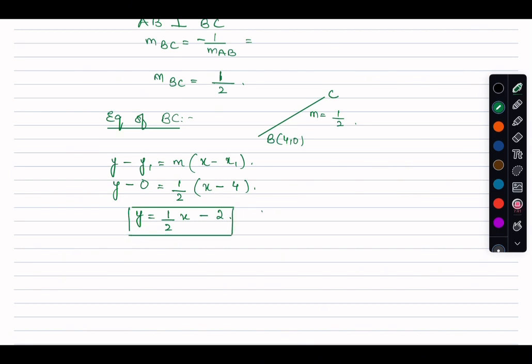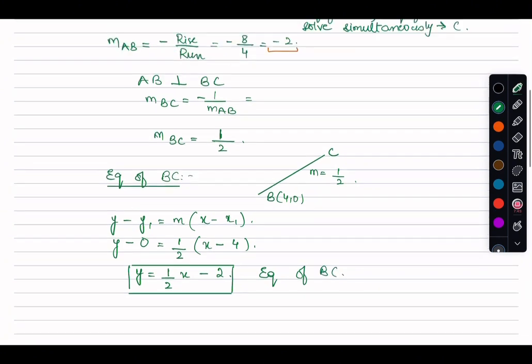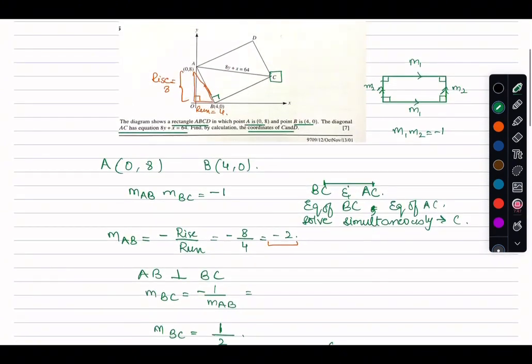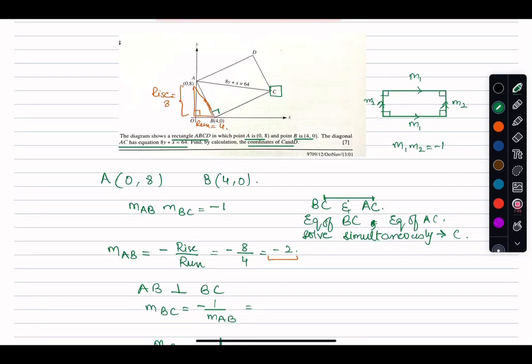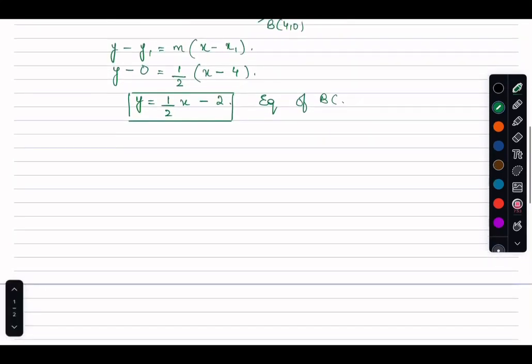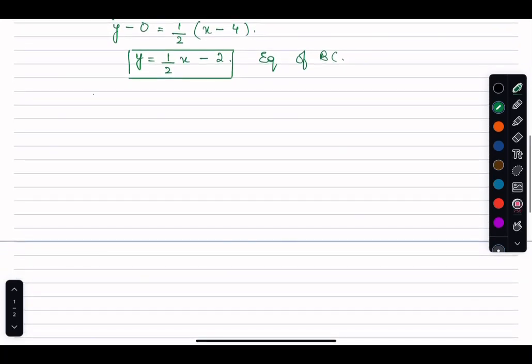As discussed earlier, the equation of BC and the equation of AC need to be solved simultaneously. The equation of AC is 8y plus x equals 64.